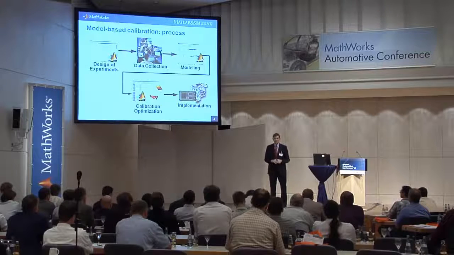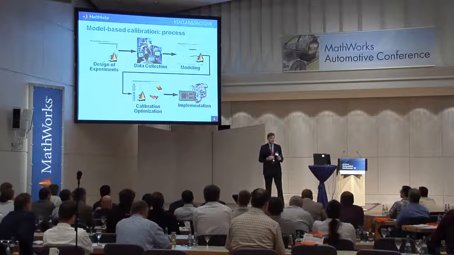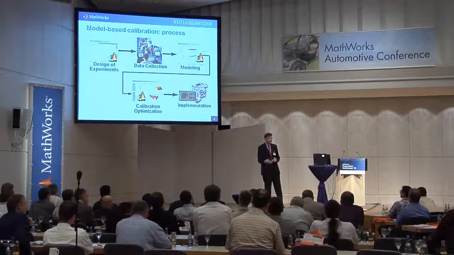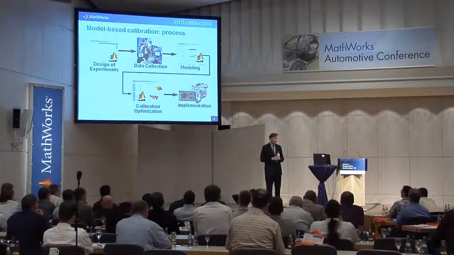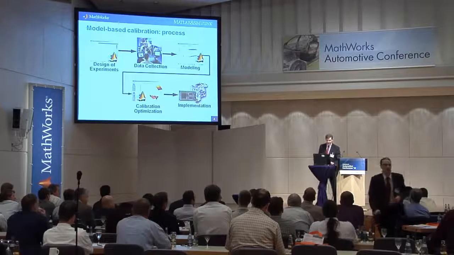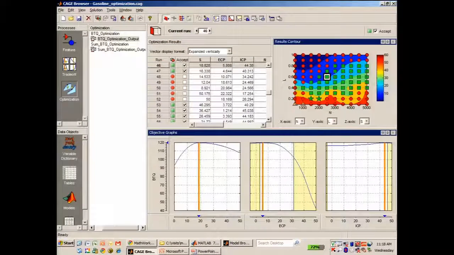The models are then used for model-based calibration by applying an optimizer to them. So we'll set some objectives, some constraints, and find some best lookup table values for that. And finally, they're put onto the ECU. I'll spend about 2 minutes now just showing you what that looks like.